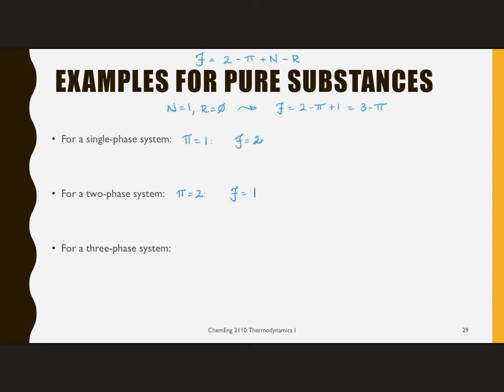If I know that it's a 2-phase mixture and I tell you the temperature or the pressure or the volume or whatever, then that's enough to tell you what the state is. For a 3-phase system, I have 3 phases in equilibrium at the same time. Degrees of freedom is 0. And what this tells me is that I have something where nature gets to determine what the temperature and pressure will be. I don't get to choose, nature chooses.